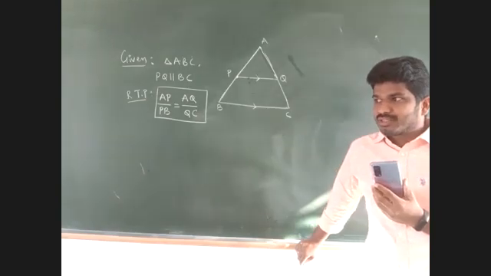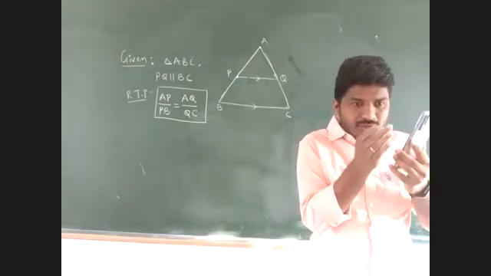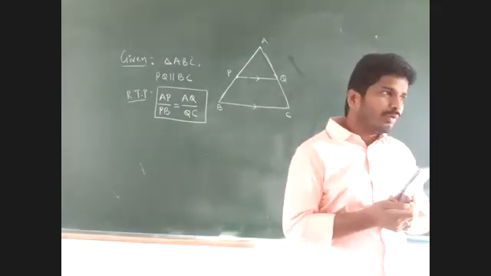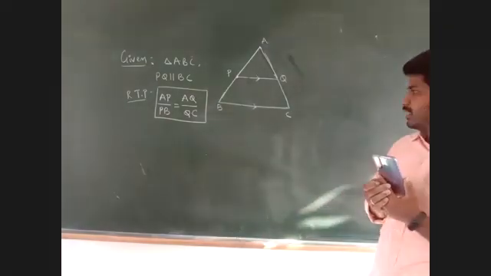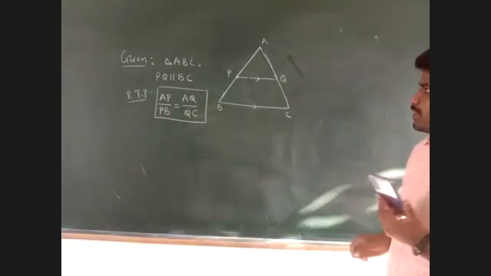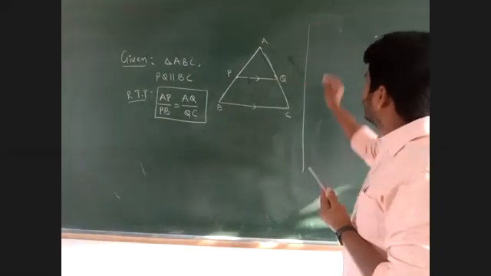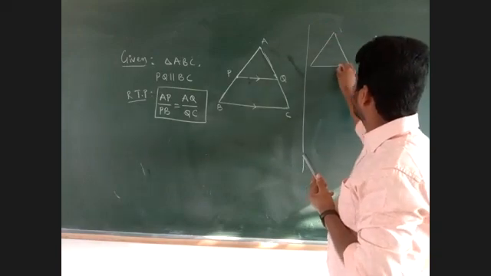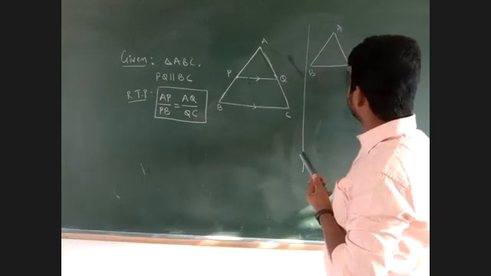So triangles are classified into two types. Based on the sides, we have three types of triangles, and based on the angles also, we have three types. Based on the angles, the first is the acute angle triangle. Let us take one example: this is an acute angle triangle ABC.